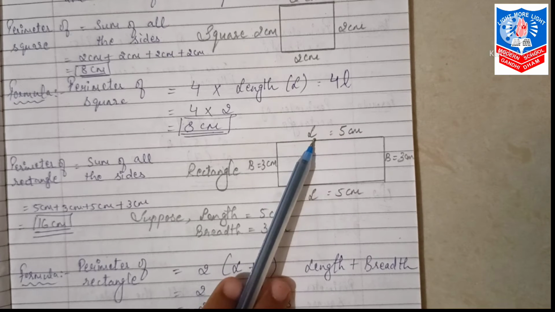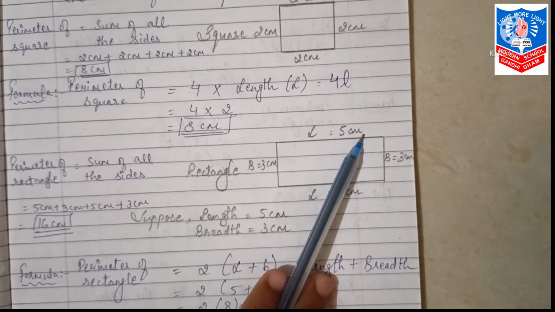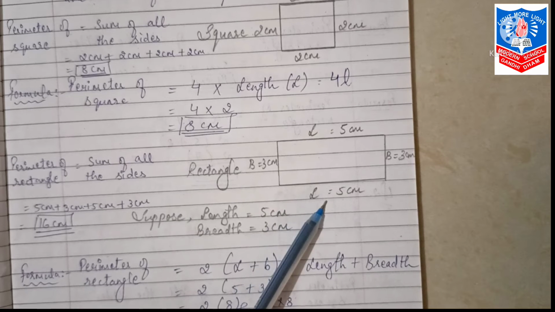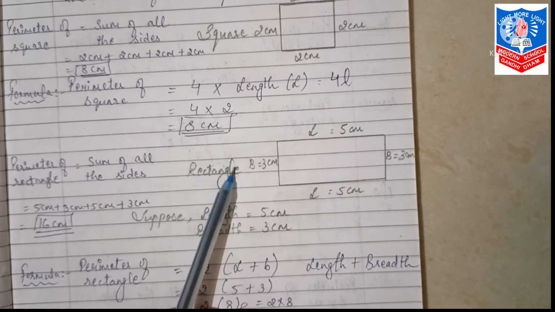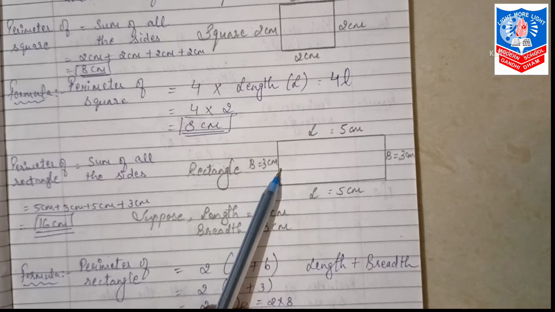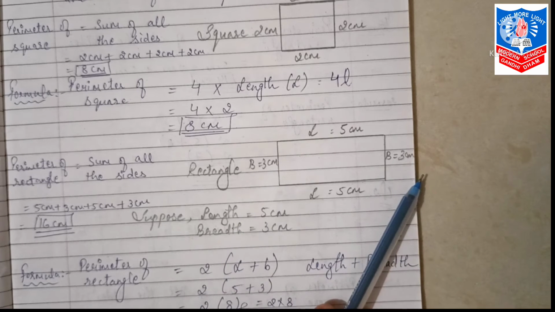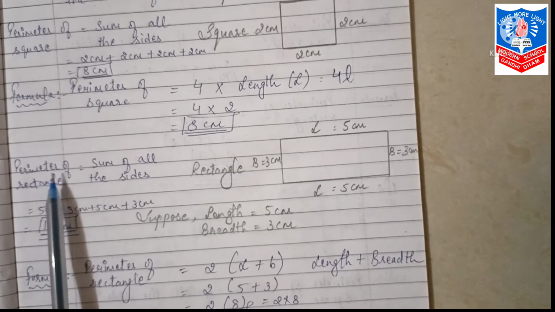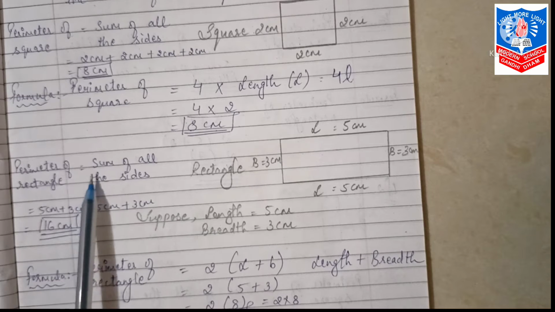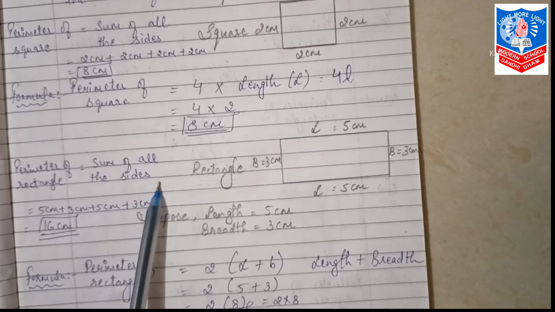Okay, suppose you are given length is equal to 5 centimeter. So on the opposite side also we will write length is equal to 5 centimeter. And breadth you are given 3 centimeter and on the opposite side also I have written 3 centimeter. Now we are going to apply first, perimeter of rectangle equals sum of all the sides.